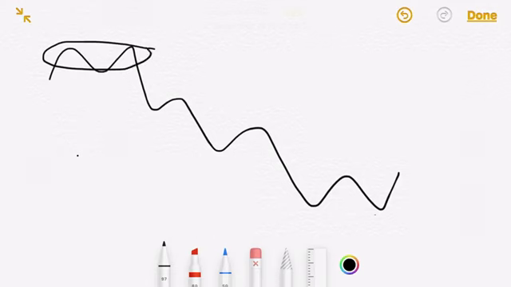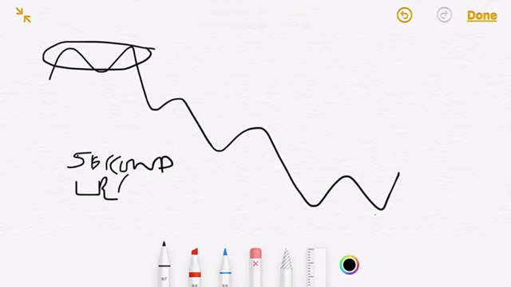Remember, our rule is that we enter at the second leg. Now, let's say you missed this peak formation, and now you want to know where do you enter next. This is then what I'm going to say.